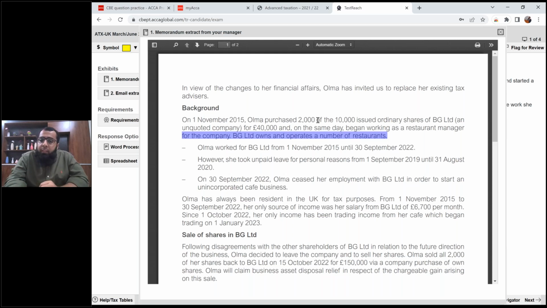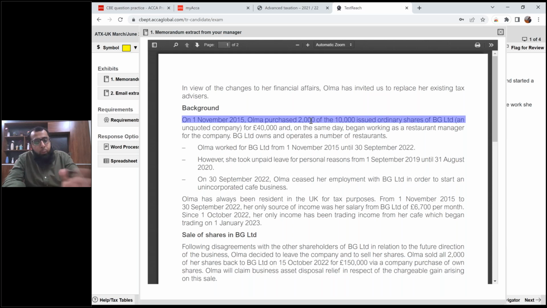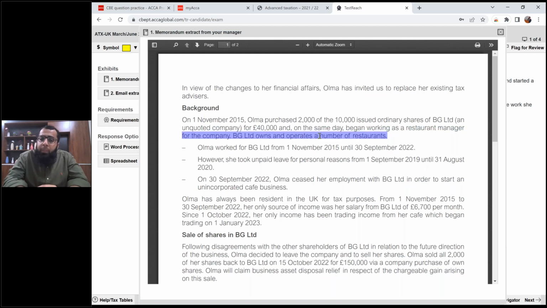Okay, so on 1st November 15, Alma purchased 2,000 shares of the 10,000 ordinary shares of BG Limited, which represents 20% of the holding, obviously, for £40,000, and on the same day began working as a restaurant manager for the company. BG Limited owns and operates a number of restaurants.